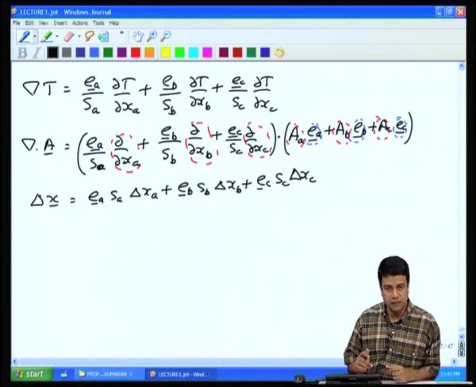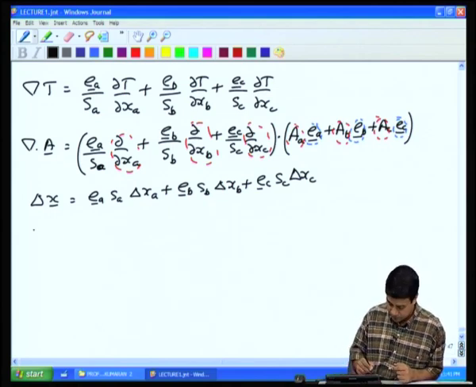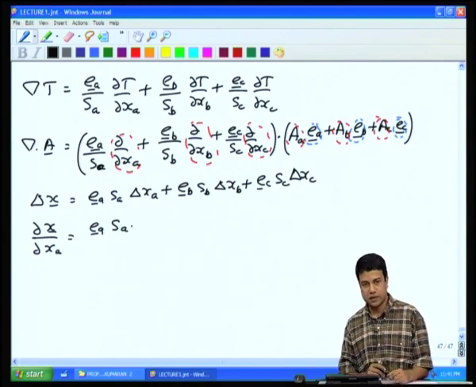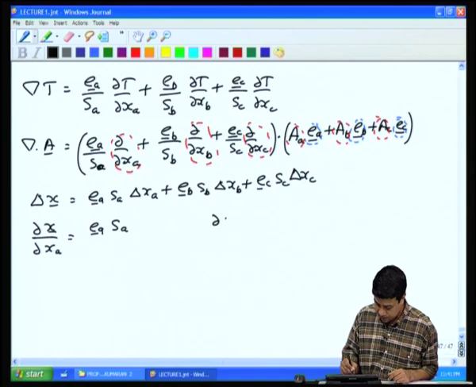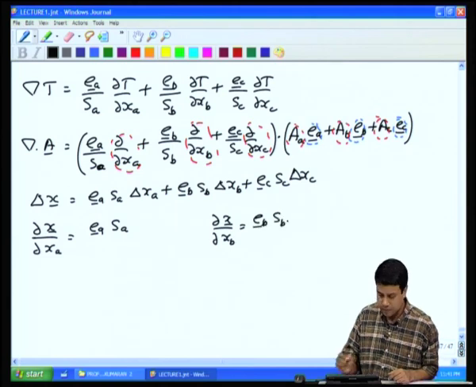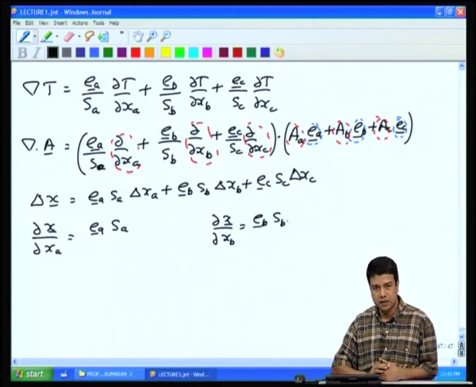If I take the derivative of this with respect to x_a, for example, I will get e_a times S_a. Okay. If I take the derivative with respect to x_b, it is equal to e_b times S_b. Okay. Now, the derivative with respect to x_a that I had taken, I can take one more derivative with respect to x_b. Okay.